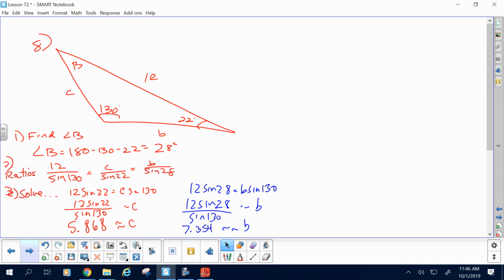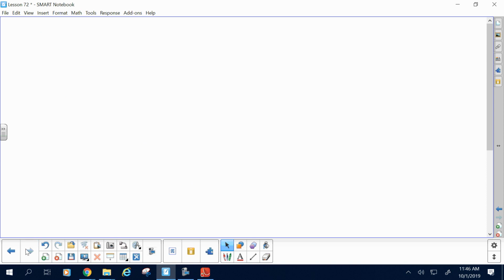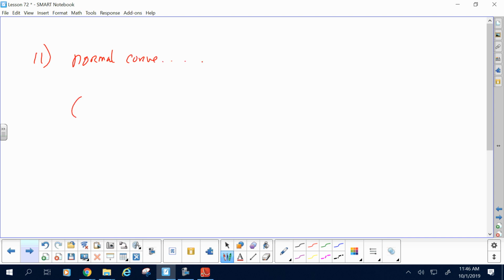One thing I saw on the homework that some of you need to do better on is the normal curve. Is there a normal curve problem on tonight's homework? Yeah, number 11. On any normal curve problem, I have about 6 of you doing just this: low, high, mean, with nothing here.